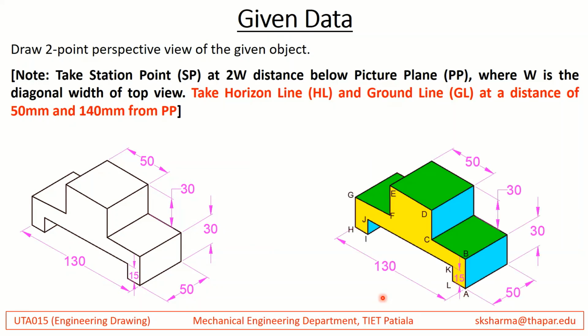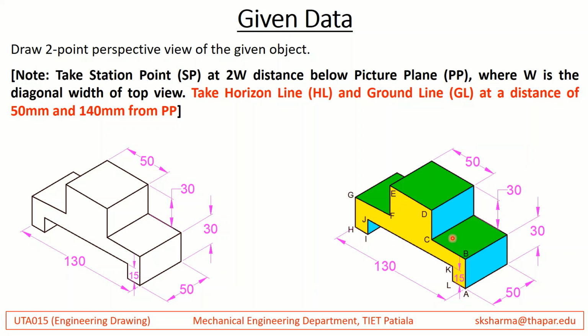Now, just for the sake of demonstration, I've put some names here, the names of different vertices starting from A, B along this chain. And for the ease of understanding, let us also put some color here. This is the given object with the dimensions.